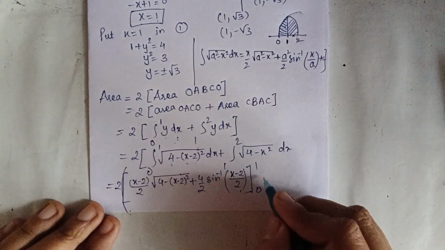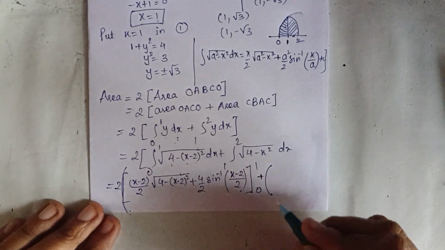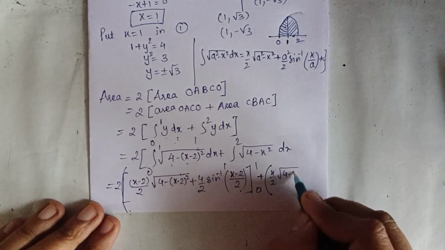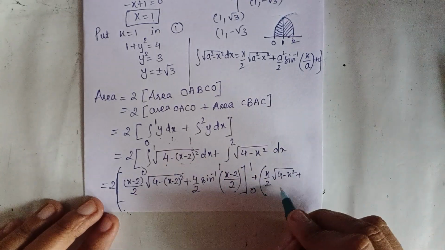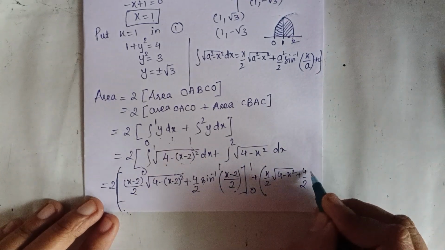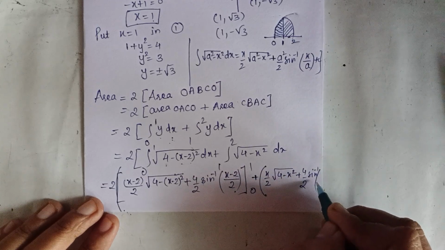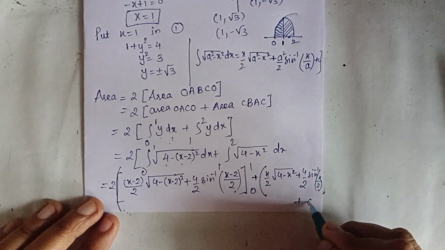Okay, then we have plus x by 2 root of 4 minus x square plus a square by 2 sine inverse x by a, x by 2 plus c.